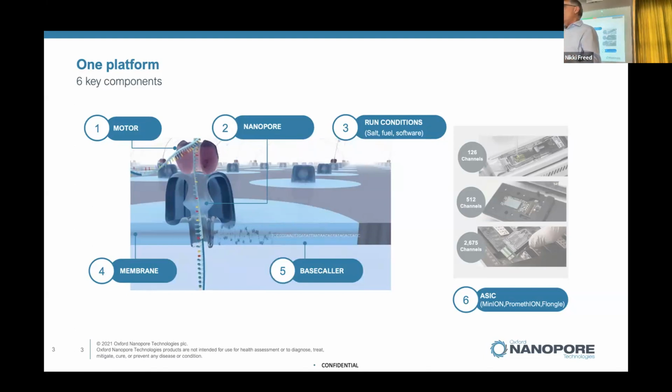And it also acts as a handbrake to slow the thing down, because without that there, it'll rip through the pore at millions of bases a second, and the best electronics in the world just can't deal with that. So we've got to slow it down to a speed that we can deliver accuracy in base calling.